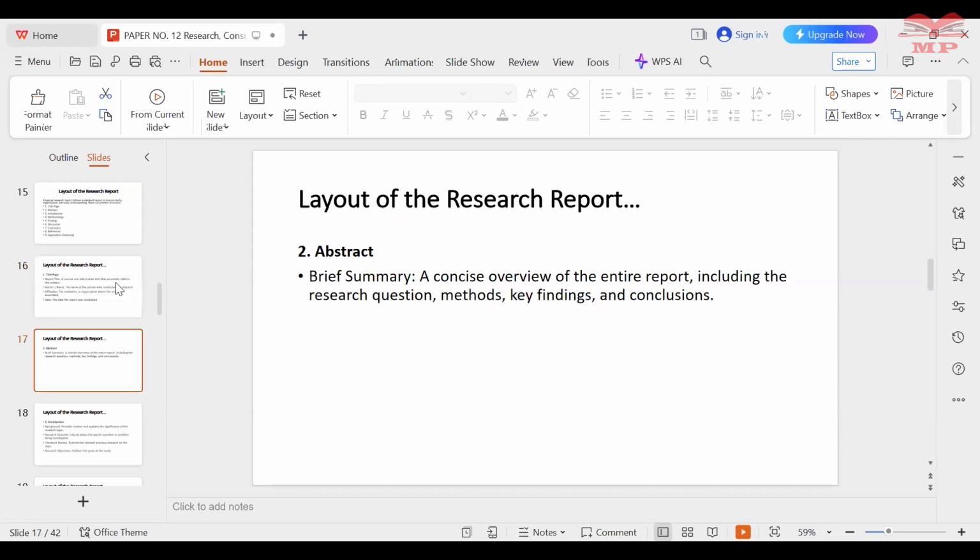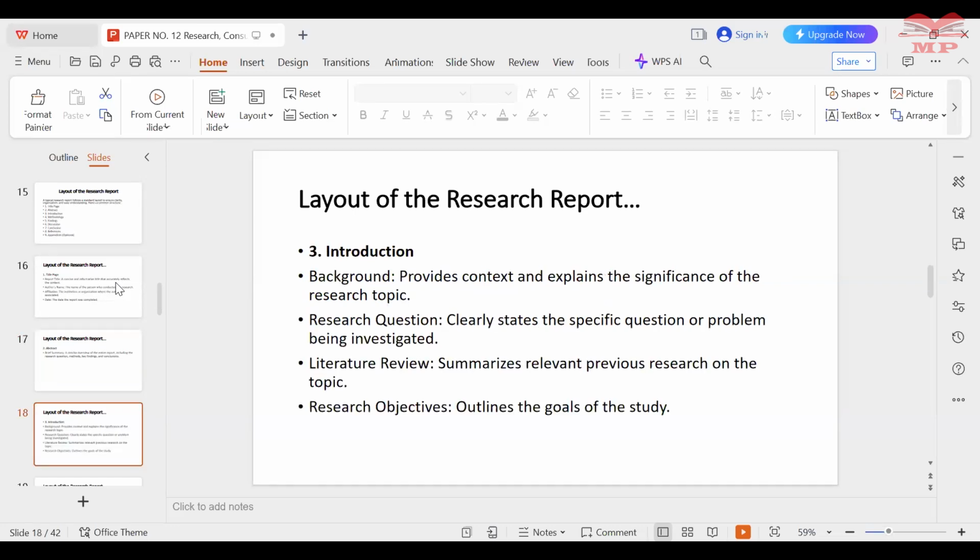And number 2, an abstract, which we have said is a brief, concise overview of the entire report, including the research question, methods, key findings, and conclusions.